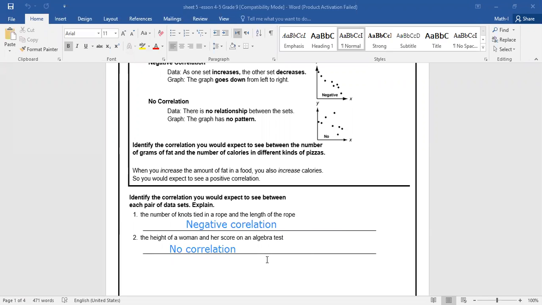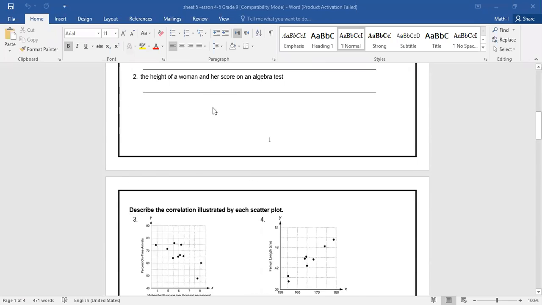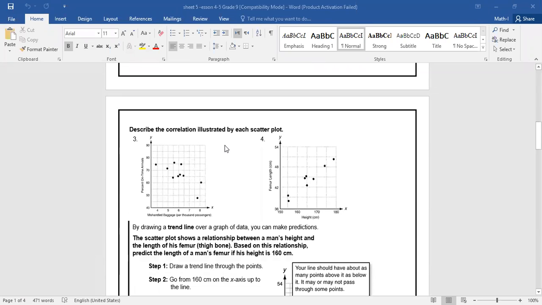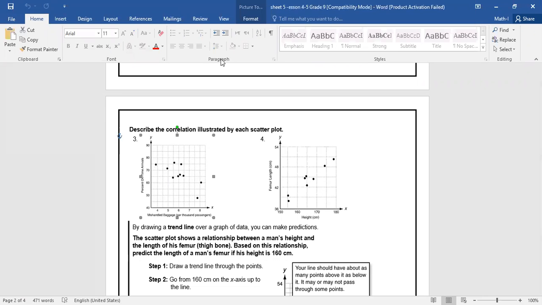Okay, let's move to the next question. Describe the correlation for each scatter plot. For question number 3, will it be positive, negative, or no correlation?